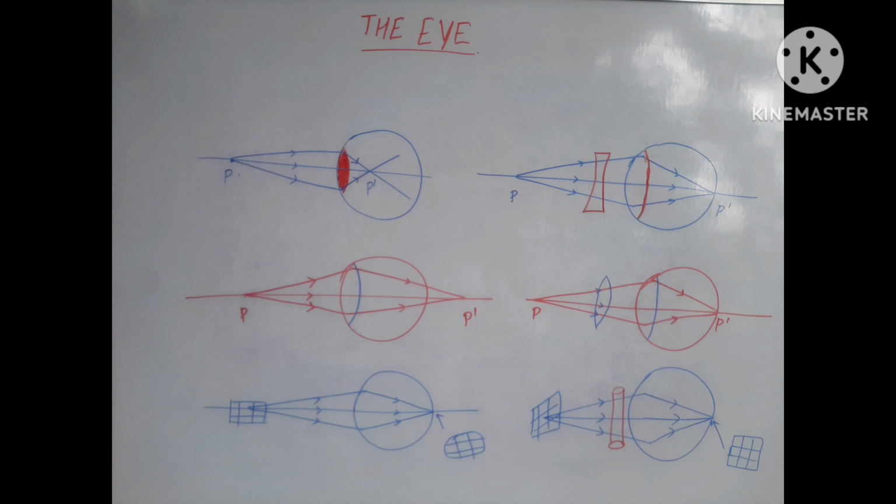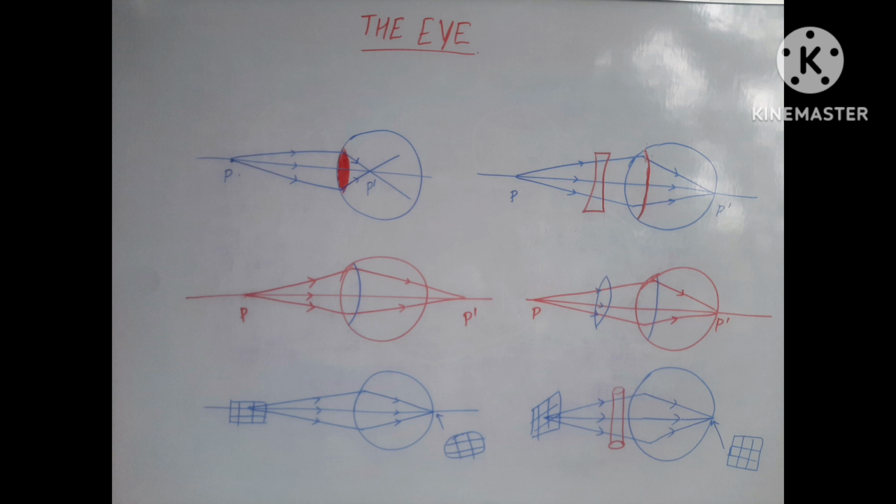And the third one is called astigmatism. This occurs when the cornea is not spherical in shape. The cornea could have a larger curvature in the vertical plane than in the horizontal plane, or vice versa.